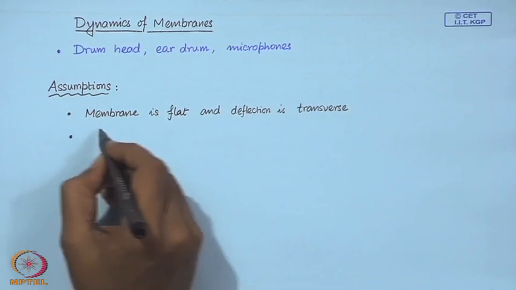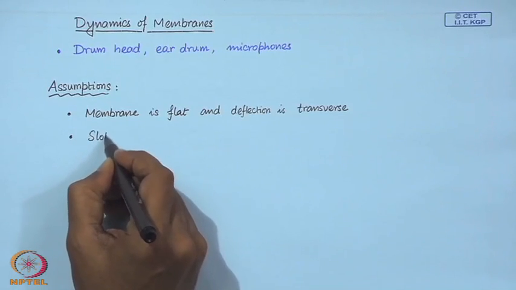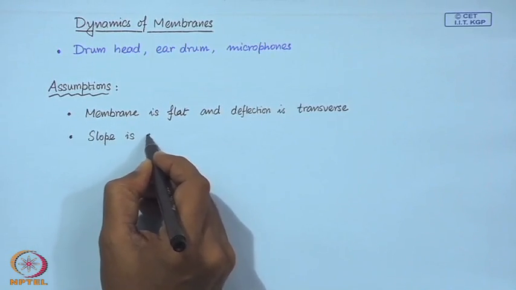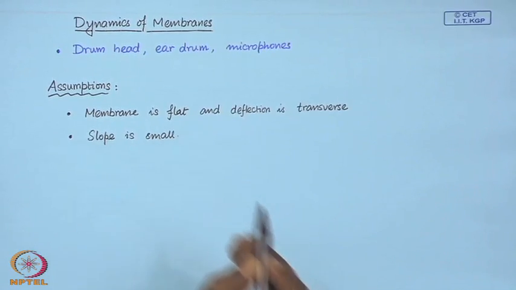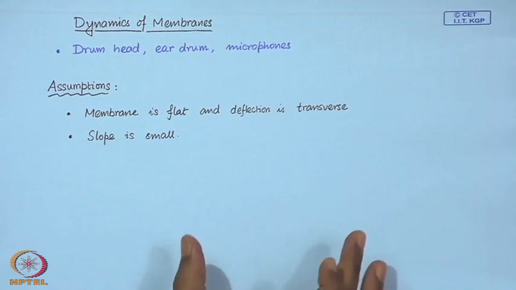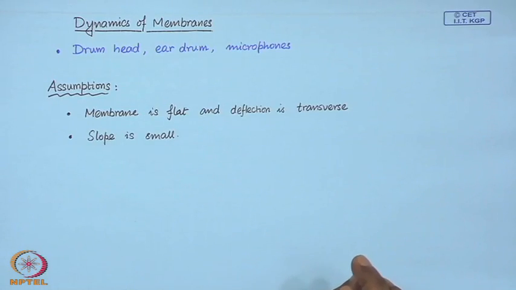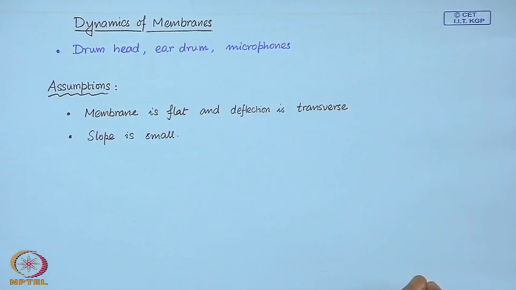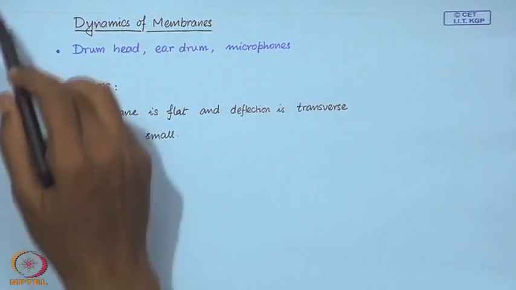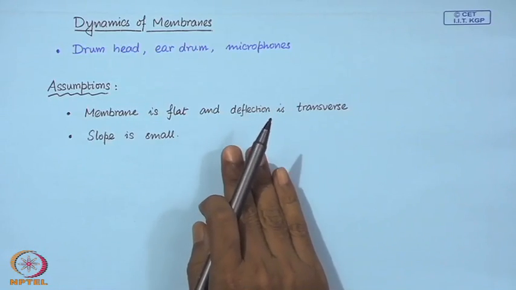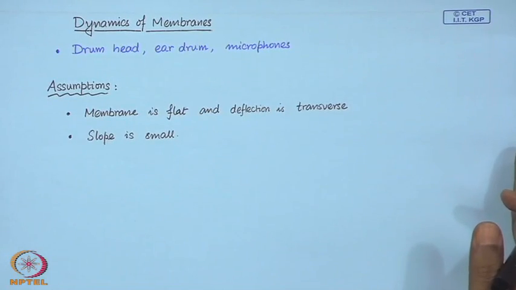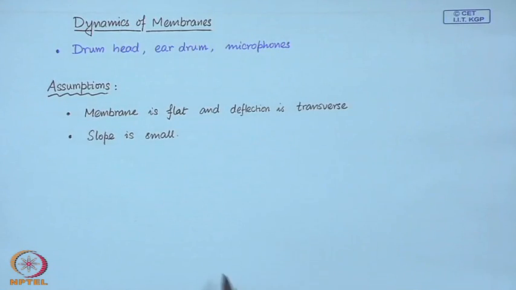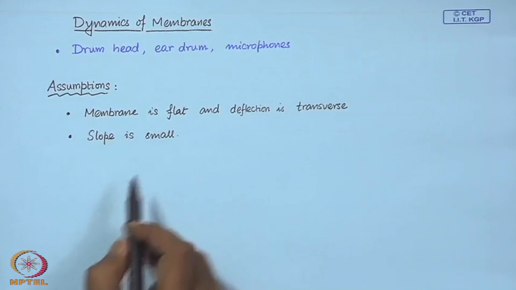The second assumption we make is that the slopes are small. If you have a certain deflection, then by small slope you can imagine that the maximum deflection divided by the characteristic dimension of the membrane is small. Suppose I have a membrane of this size, then the transverse deflection should be much smaller than this dimension of the membrane. So, slopes should be small.